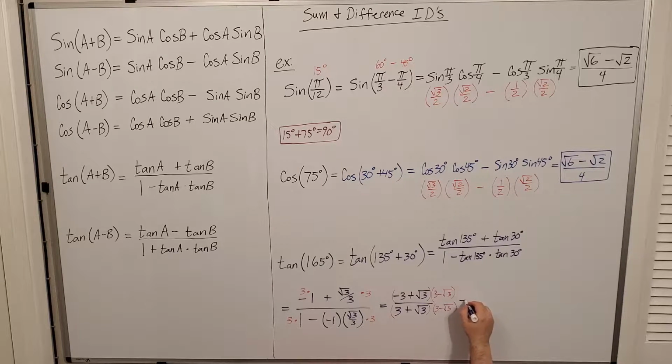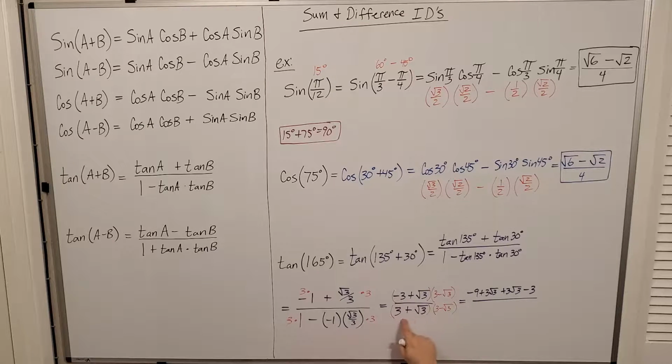So then this is going to be equal to negative 9 plus 3 square root of 3. Again, same thing, plus 3 square root of 3. And then positive times negative is minus. Square root of 3 times square root of 3 is 3.